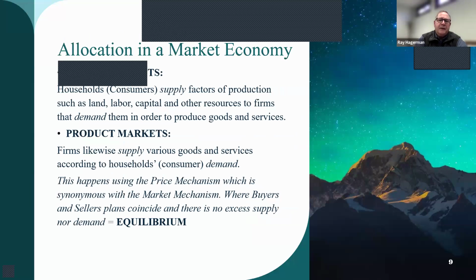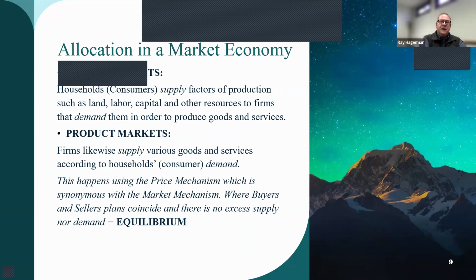Okay, so in a market economy, again, looking back at our circular flow model, what you'll find is the factor market. What happens in a circular flow model is households, another name for consumers, actually supply the factors of production, such as land, labor, capital, and other resources.